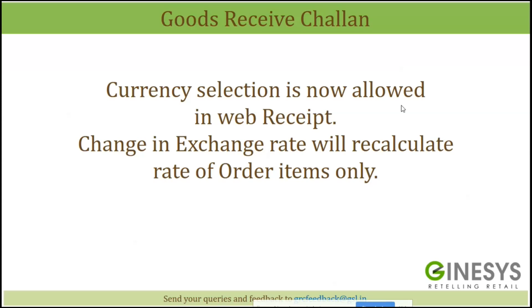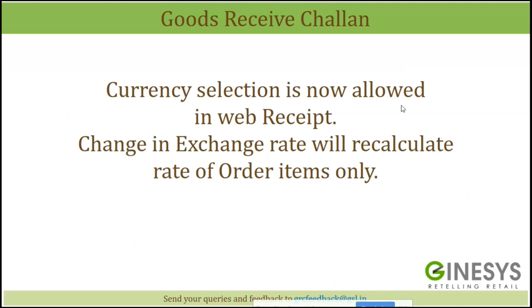This currency can be defined in vendor master itself, so that on selection of the vendor, the currency with respect to the vendor gets directly populated over here, as well as currency name, the exchange rate applicable at the time of receiving gets populated in receipt also. All this behavior was already available in desktop application in goods receipt challan against order.